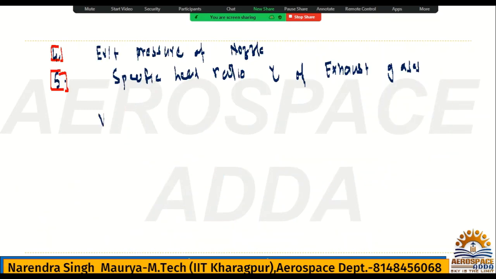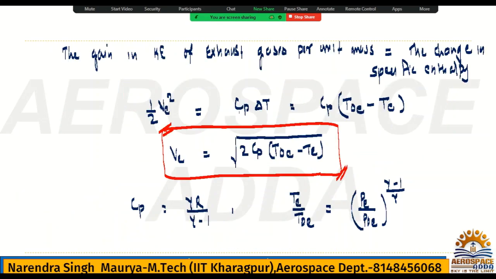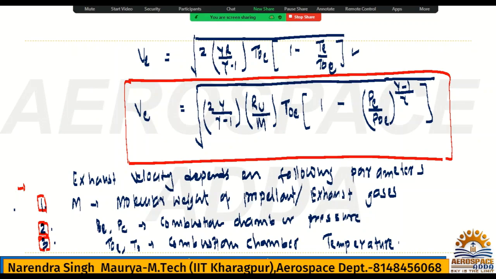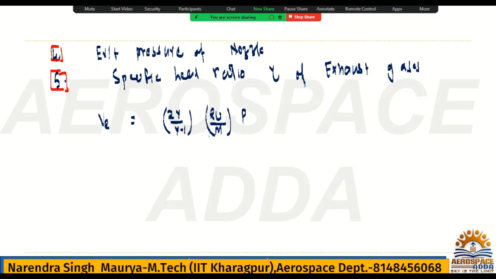VE is equal to 2 gamma upon gamma minus 1, Ru by molecular weight, in terms of temperature, T naught.